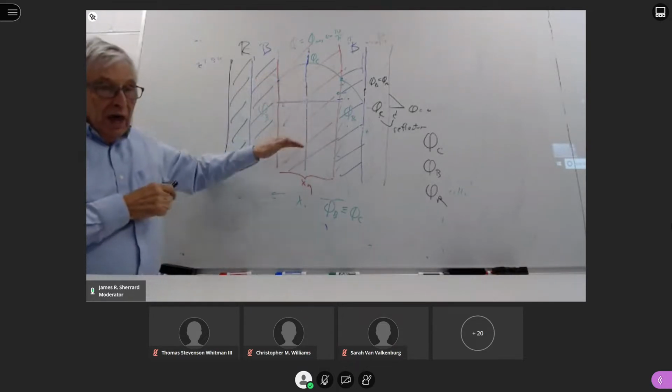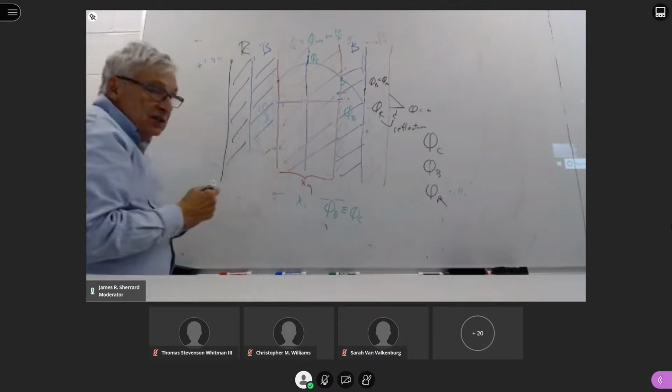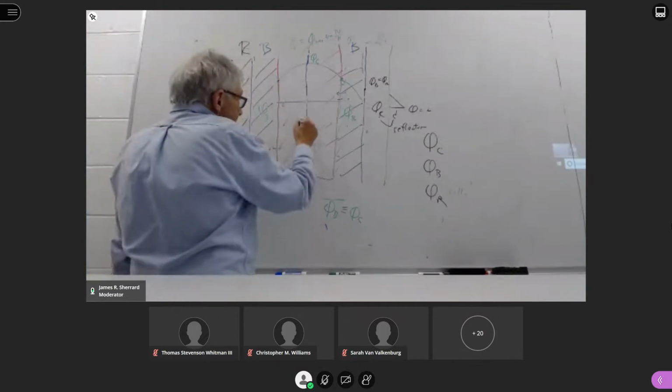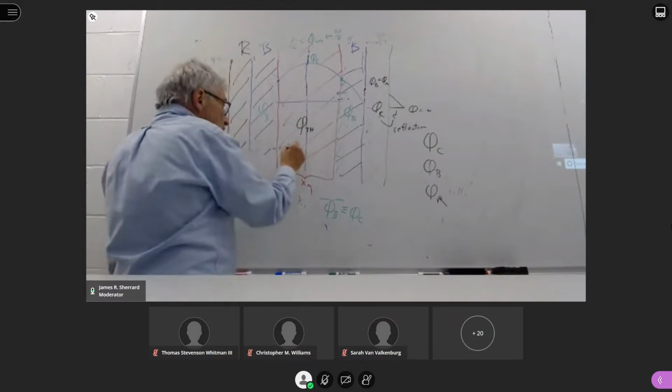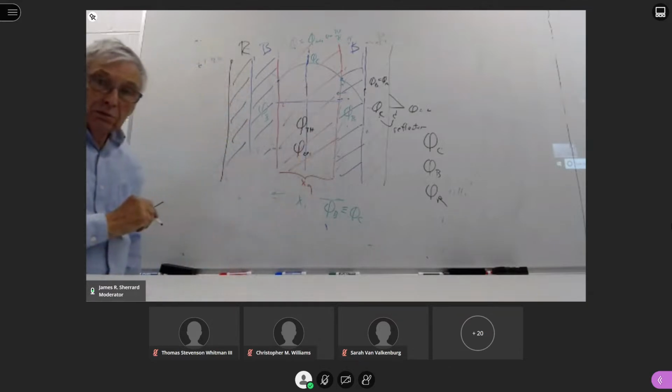So each one of those will have a flux. If you're inside the bare core and you're doing two group theory, you're going to have a flux associated with thermal. You're also going to have a flux associated with, I'll just call it epithermal.